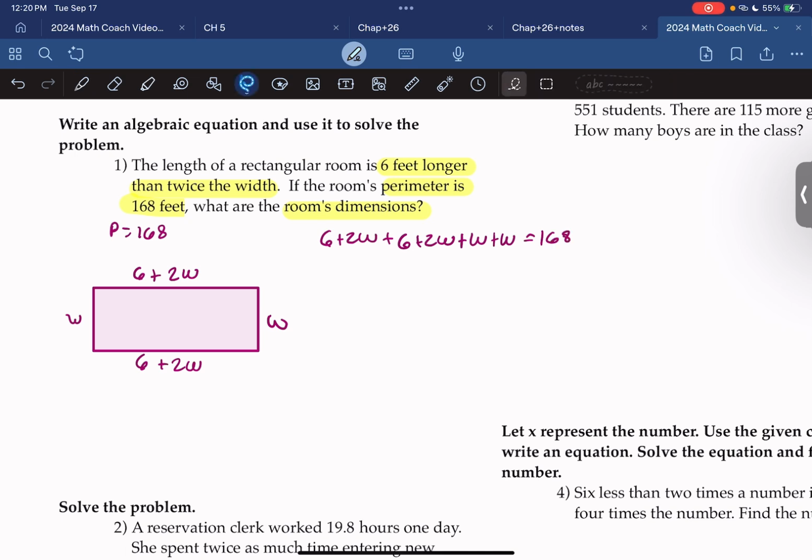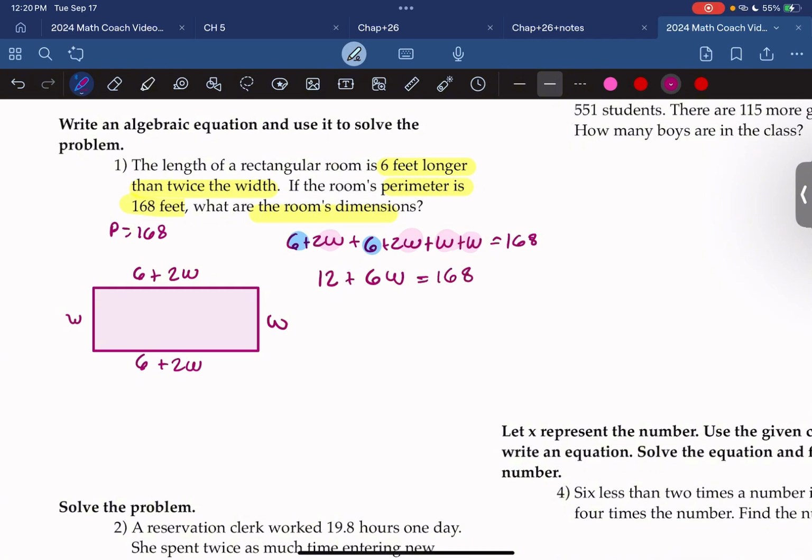Let's move this over a little bit to the left. Okay. So now let's combine like terms. We can combine the w's, and we can also combine 6 and 6. So 6 plus 6 is 12, plus 2, 2, 4, 5, 6, plus 6w equals 168.